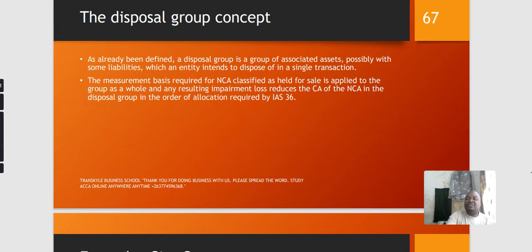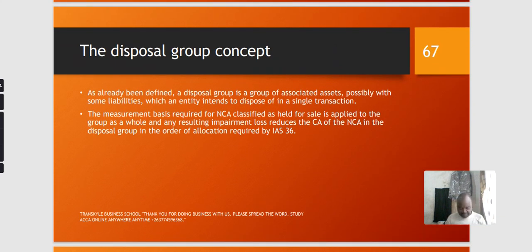Now let's talk of the disposal group concept. As already defined, a disposal group is a group of associated assets, possibly with some liabilities, which an entity intends to dispose of in a single transaction.